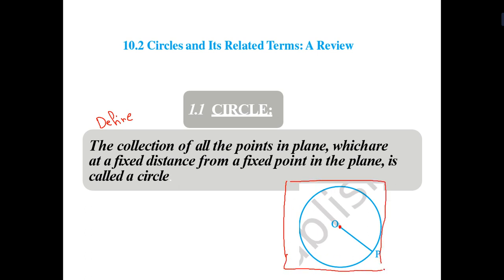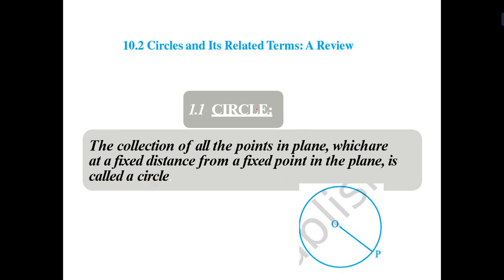here is one plane. We can name it alpha, and these are all the points that are at a fixed distance. So that is the definition.